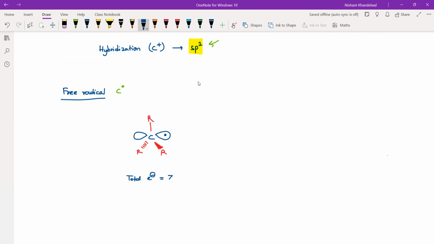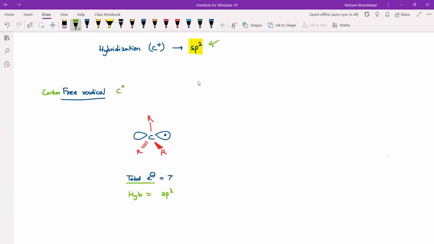So the total number of electrons is seven, six already plus one. Is it all clear? So this is a carbon free radical, with seven electrons in total. Hybridization is again sp2.